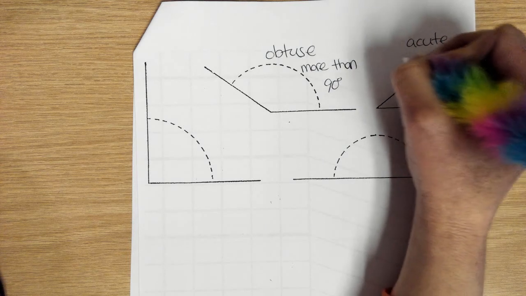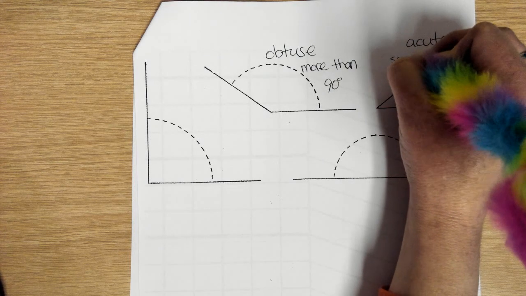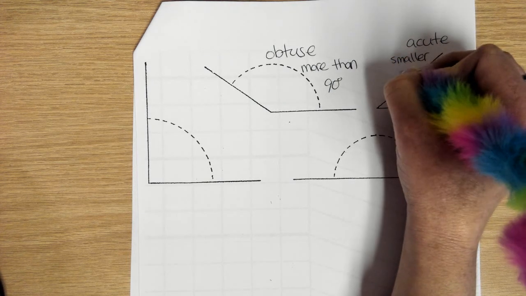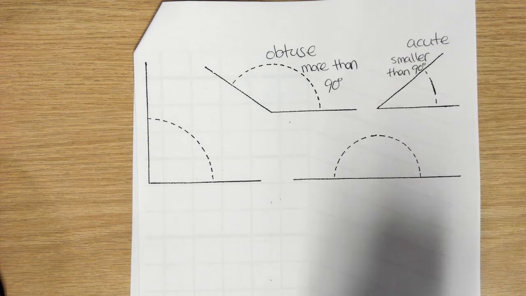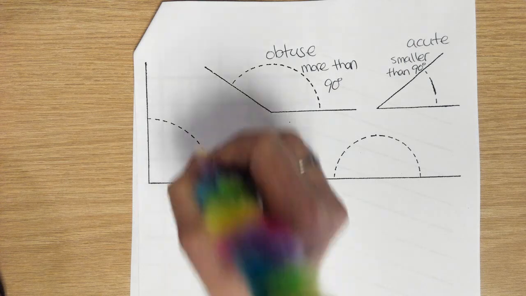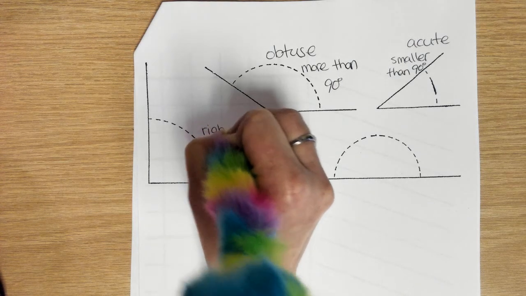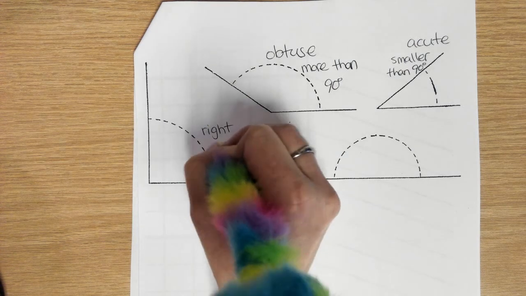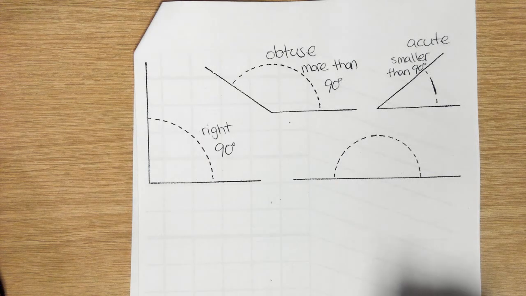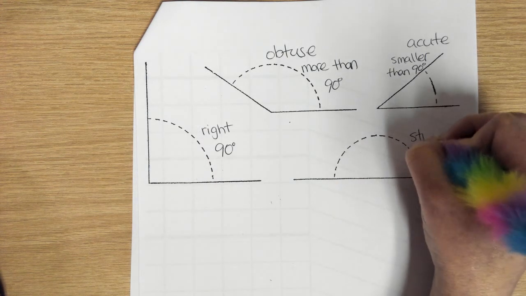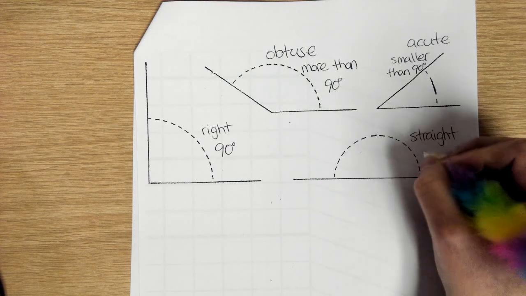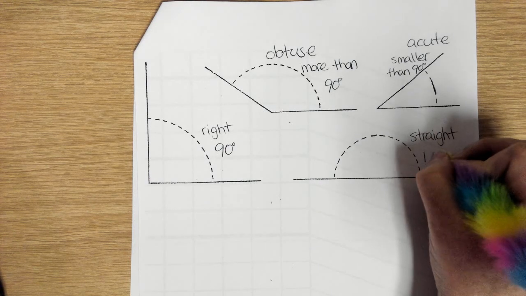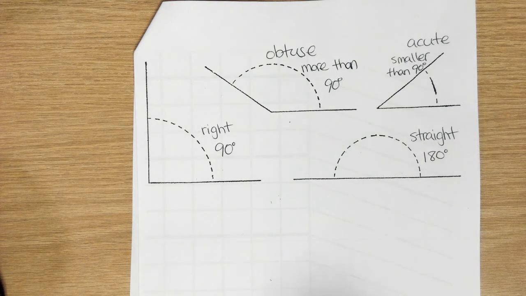It is less than 90, or I like to put smaller than 90 degrees. This angle here is our right angle. It is exactly 90 degrees. And this is our straight angle, or a line segment, is 180 degrees. So we label that.